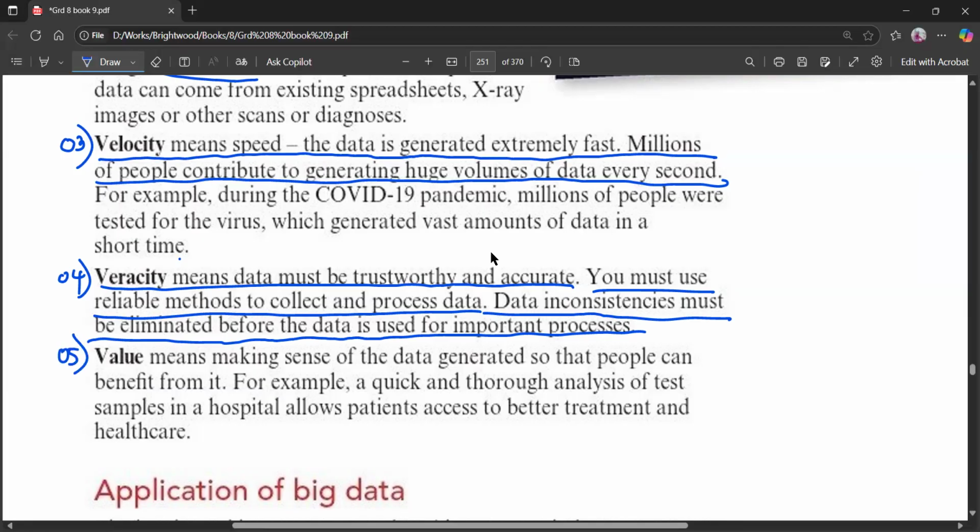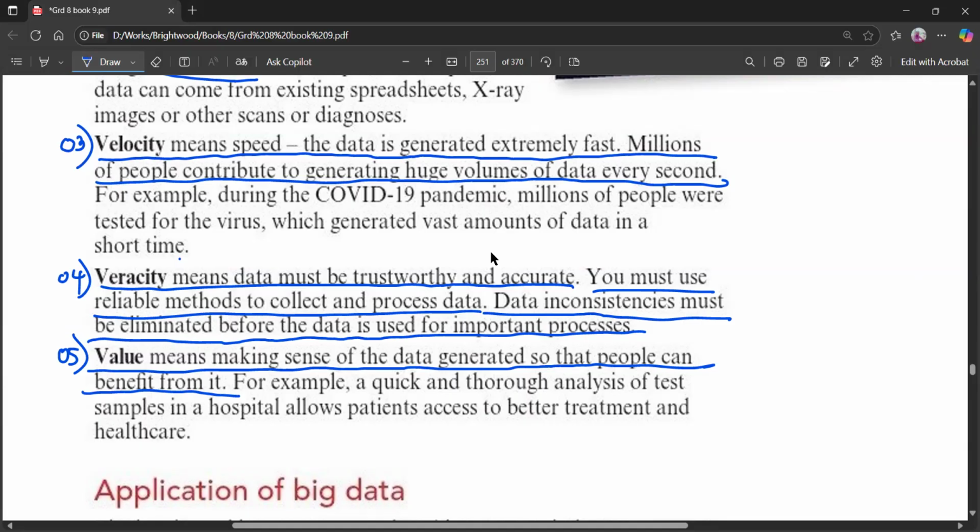And finally, they have value, which means making sense of the data generated so that people can benefit from it. With a quick and true analysis of test samples, a hospital allows patients access to better treatment and health.